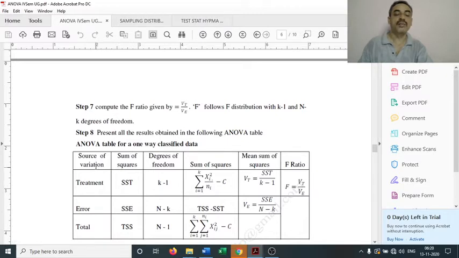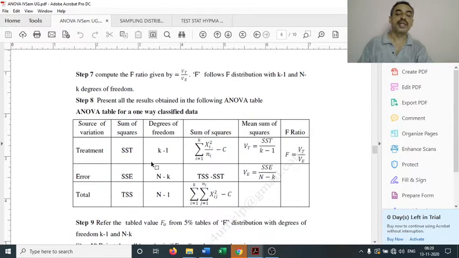The first column represents the various sources of variation, that is treatment, error and total. And next are their notations: SST, SSE and TSS. Next column represents the degrees of freedom. So when we write the degrees of freedom, first we write for the sum of squares due to treatments, that is k minus 1, that is the number of treatments minus 1.